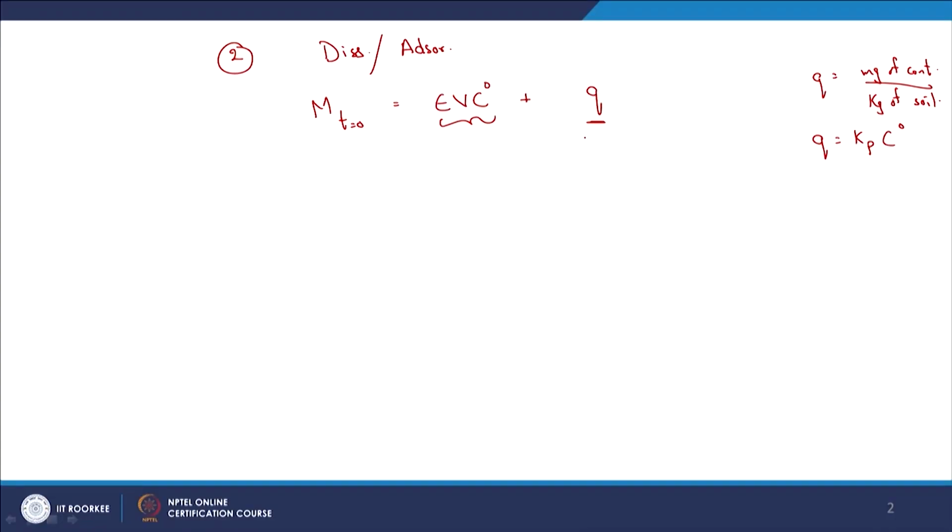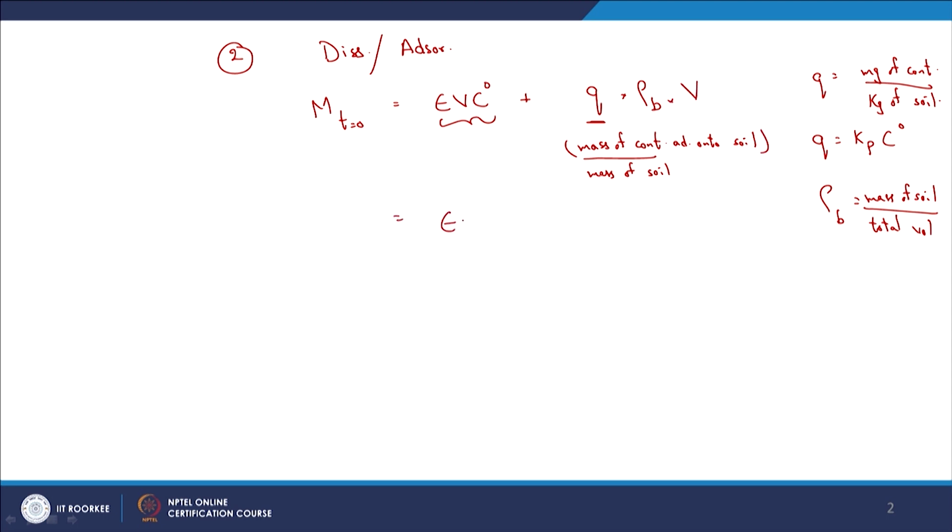So how else do I need to modify that? I have mass of contaminant per mass of soil. Obviously, I only want the total mass of contaminant adsorbed onto the soil. So if I multiply this by the dry density, mass of dry soil by total volume, and then multiply by volume here, I get my term.